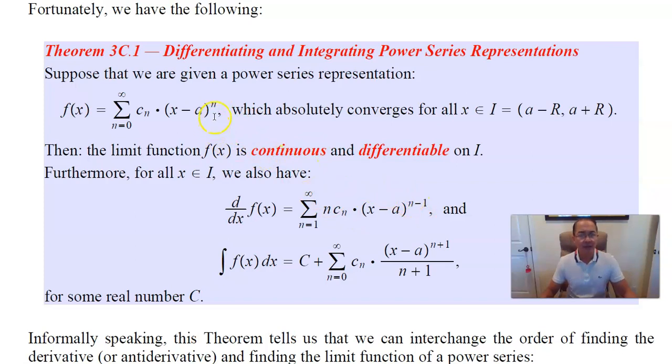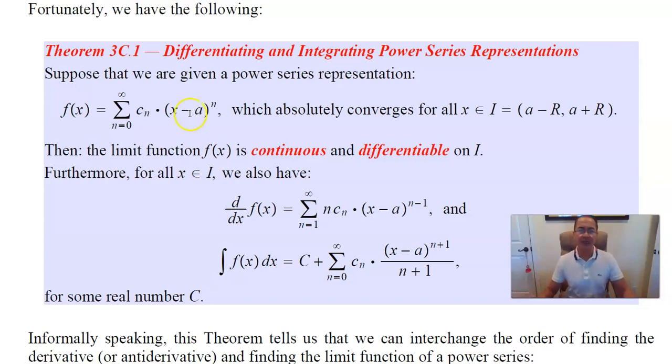Now, if you're being observant, the original series starts at 0, but this series starts at 1. Why can we do that? Well, at n equals 0, you simply have c sub 0 times (x minus a) to the power 0. But something to the 0th power is just 1. And remember, we're making an exception for 0 to the power 0, just in case.